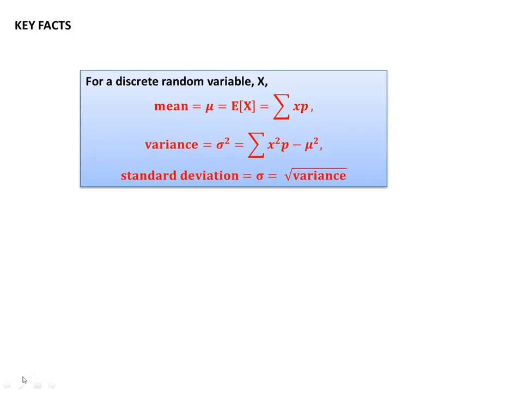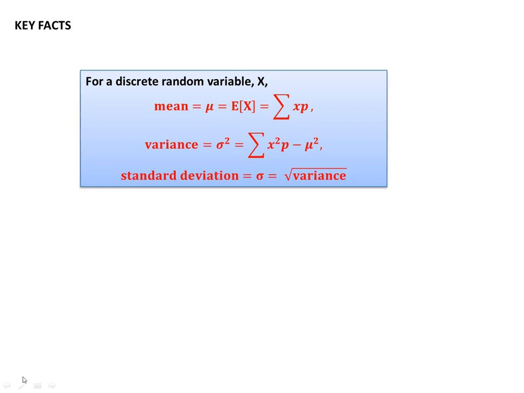So, the key concepts. For a discrete random variable, the mean is calculated by working out the sum of all of the values that the random variable can take times the corresponding probabilities.